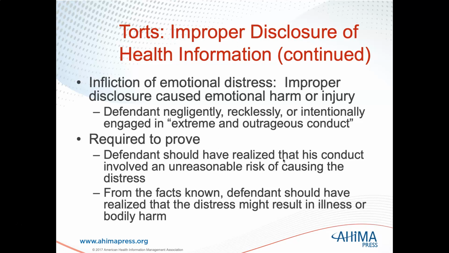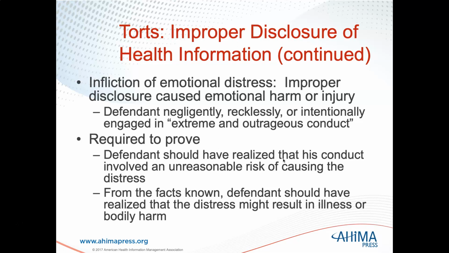So an example would be some people who have had access to PHI have sold it to tabloids and gotten quite a bit of money for it. They've also gotten sued and probably had to give up all that money and perhaps a little bit more. But that's what they're proving.